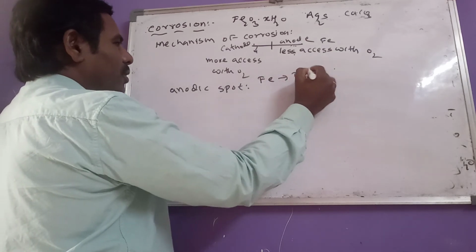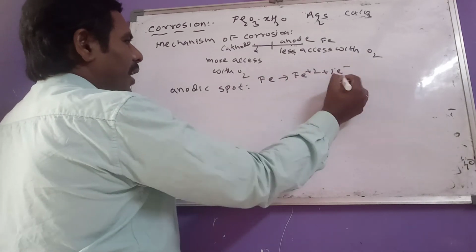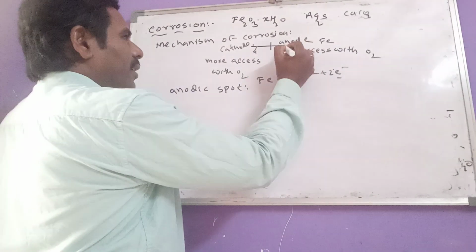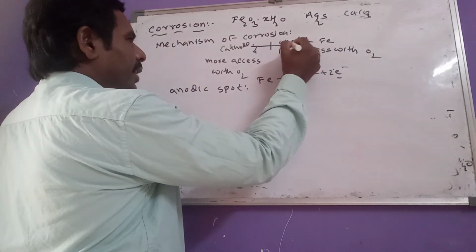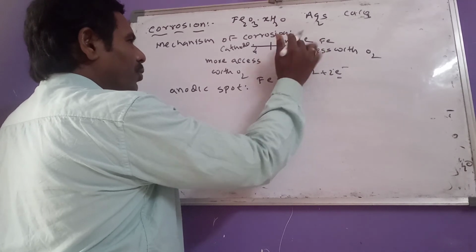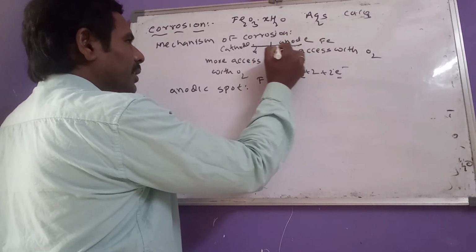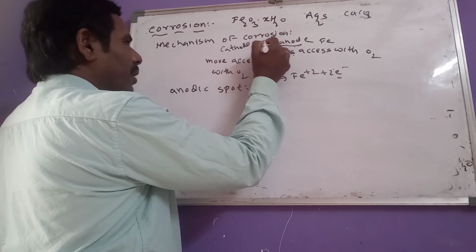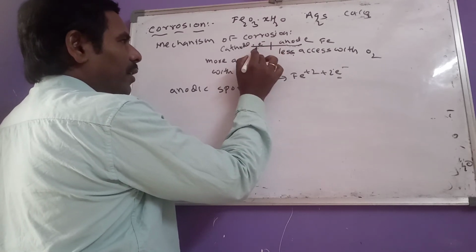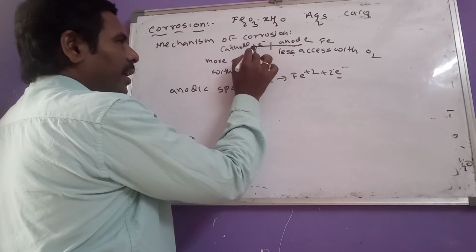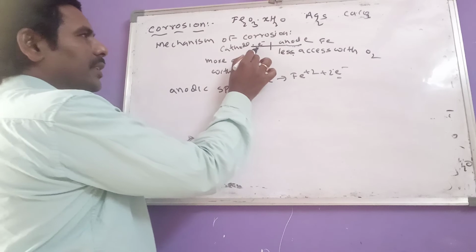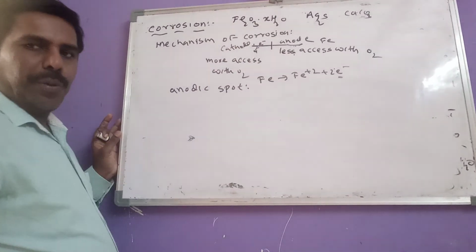Iron undergoes oxidation and produces two electrons. These electrons move through the iron rod and reach another part of the iron rod. Here oxygen undergoes reduction. This part acts as a cathodic spot.